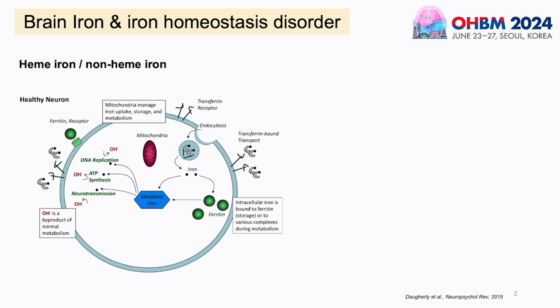The non-heme iron includes transferrin for iron transport and ferritin for iron storage. Non-heme iron is involved in many neural functions, including mitochondrial respiration, ATP synthesis, and neurotransmitter synthesis.